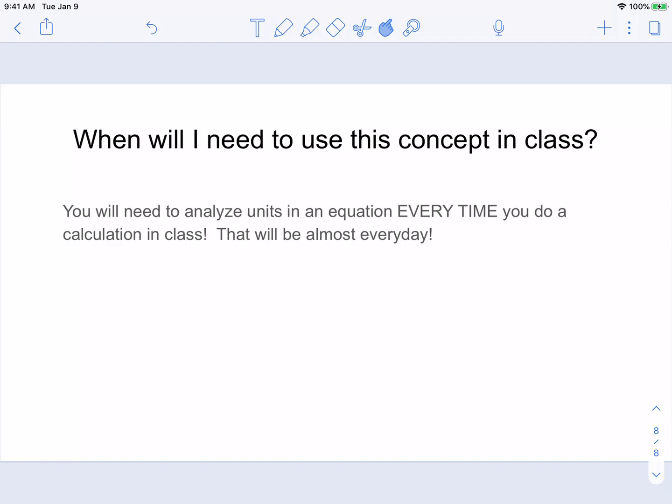And the units should be equivalent on either side of the equation, just like the numerical values are. Okay, so this is something, again, you can use all of the time. It may be helpful for you. It is important to keep track of the units and make sure that they're agreeing whenever you're doing your calculations.